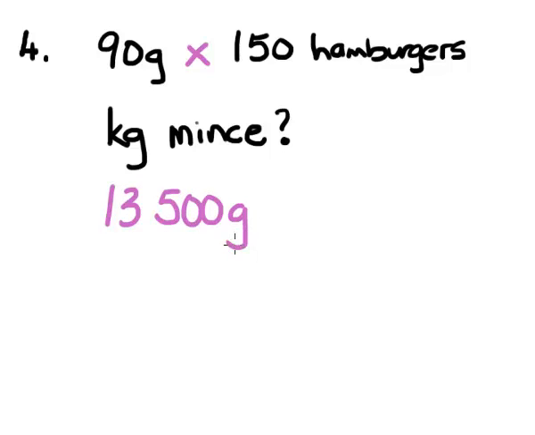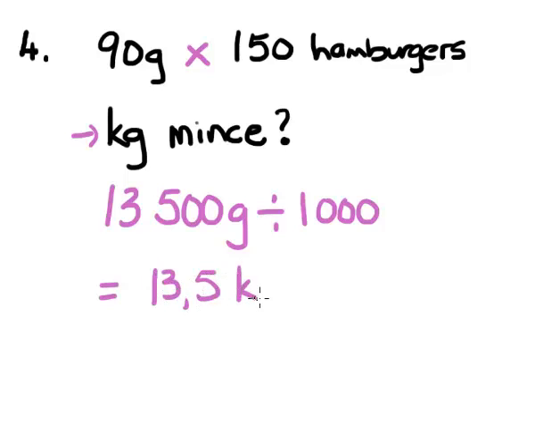But now remember, they asked the question, how many kilograms of mince. So from grams to kilograms, we're going up, so we have to divide, and we have to divide by 1,000 because there were 3 jumps. So this gives you 13,5 kilograms.